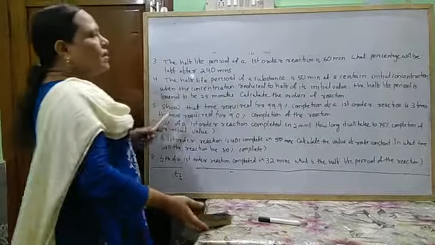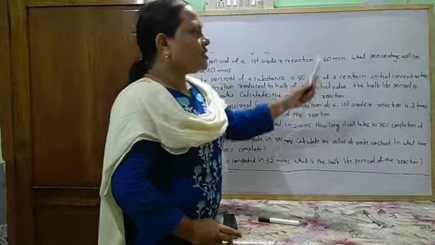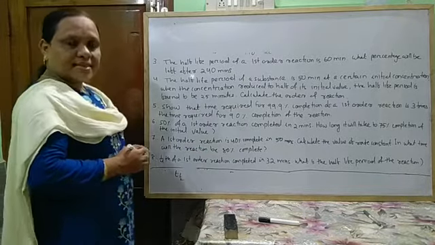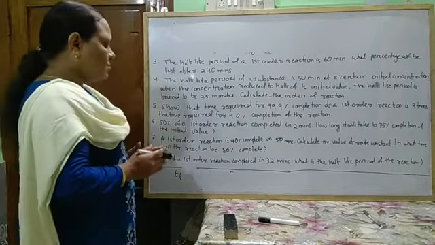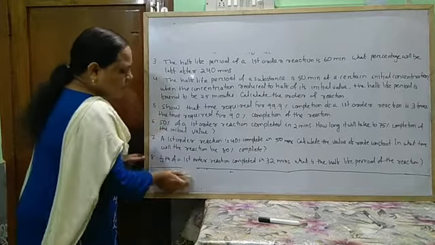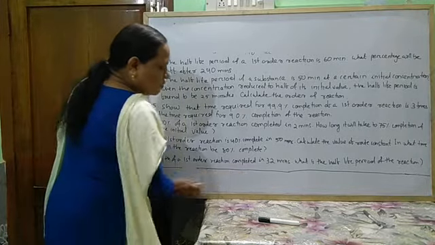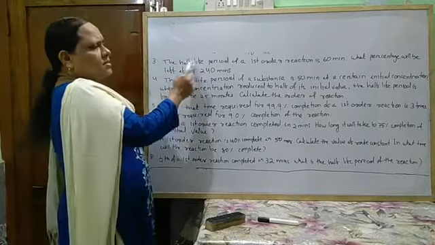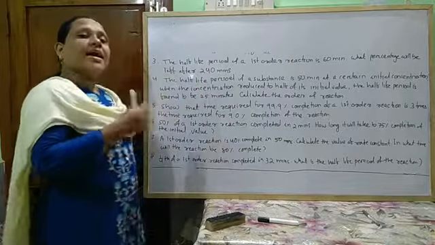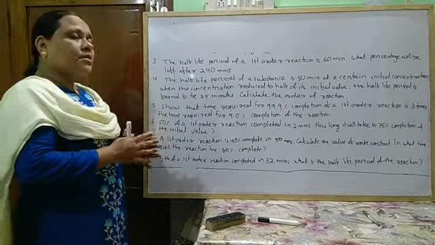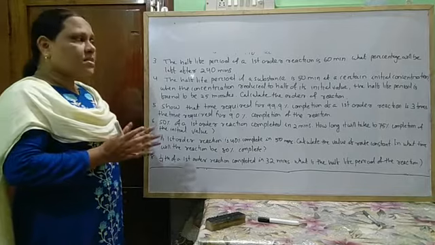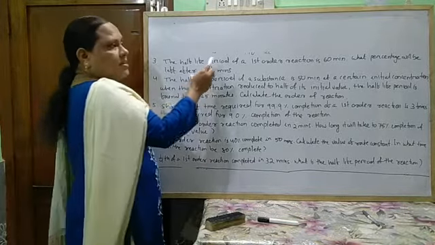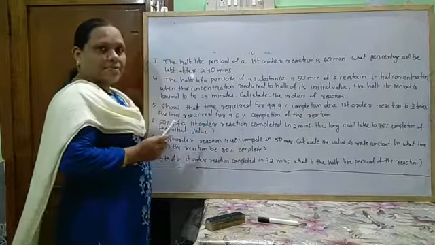The half-life period of a first order reaction is 60 minutes. What percentage will be left after 250 minutes? So there is another equation, remember. While solving this problem, I want to tell you some formulas. If this type of question is given, where a half-life period and some time are given and you have to find what percentage will be left, at that time just look at whether the total time is a multiple of the half-life period.